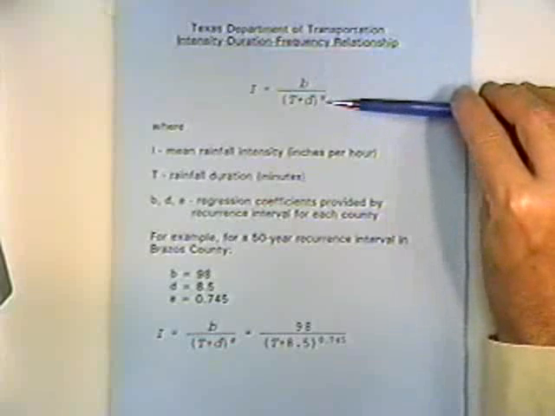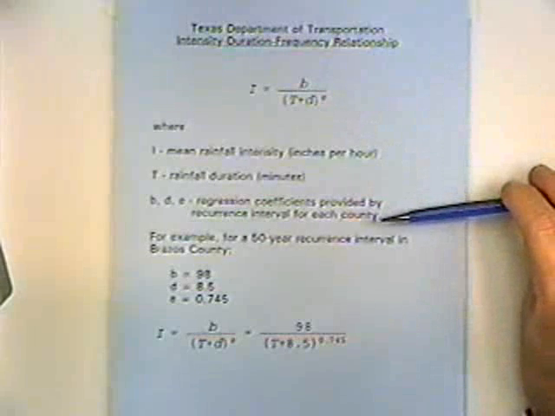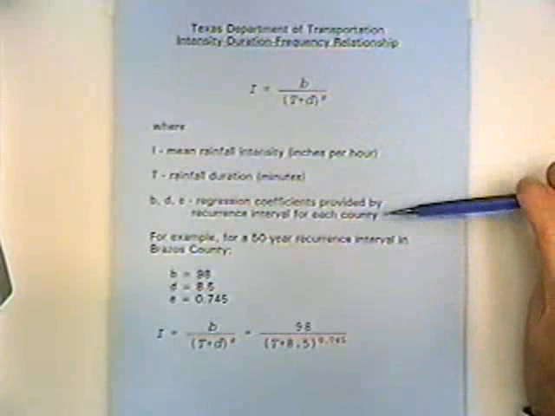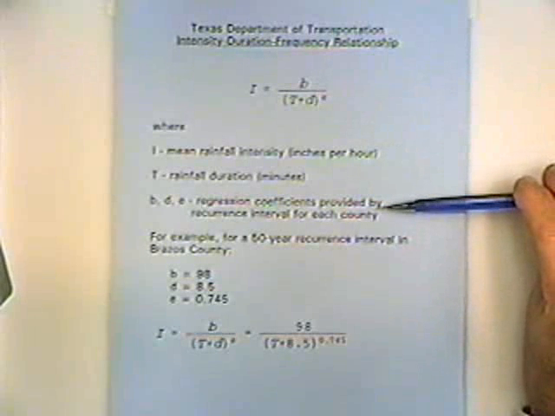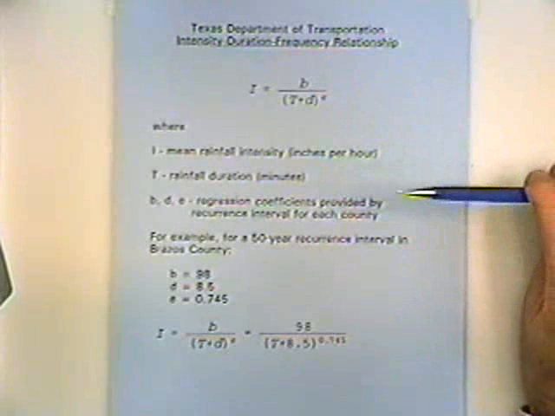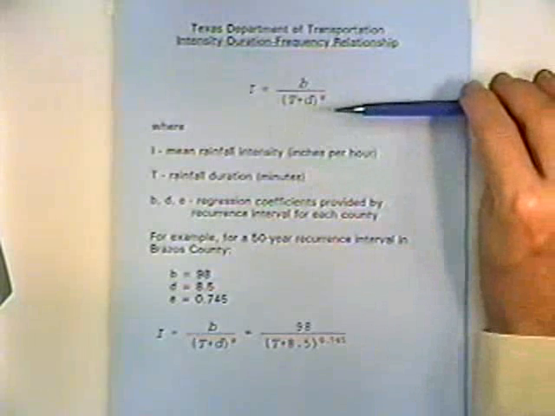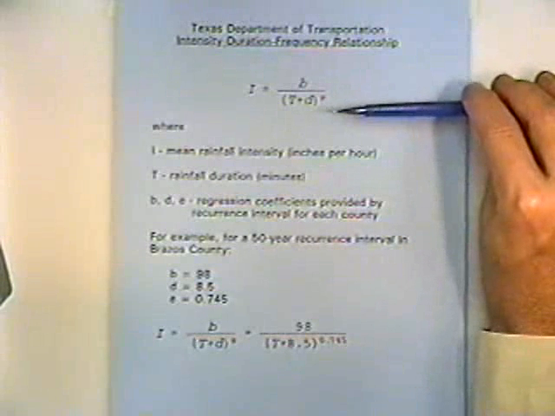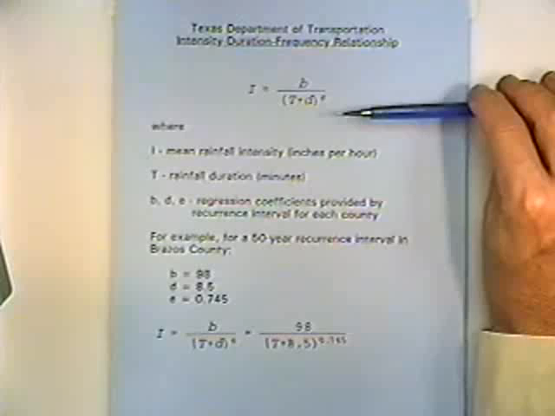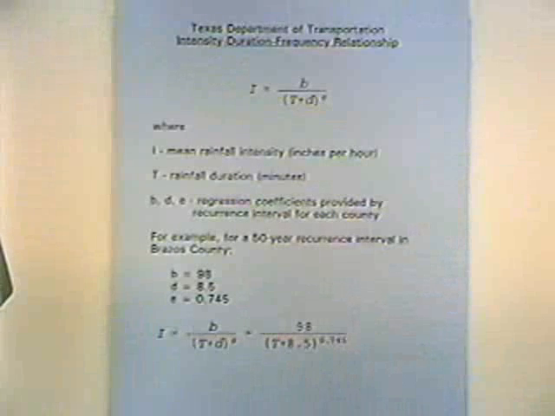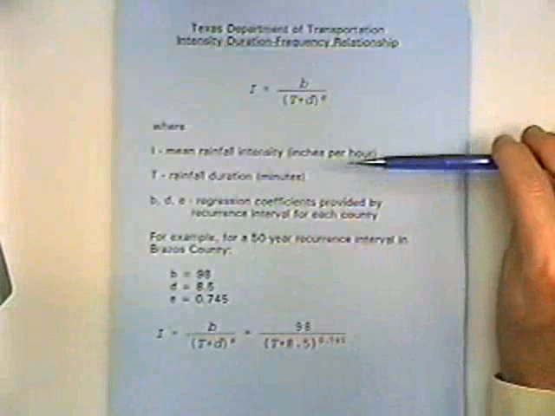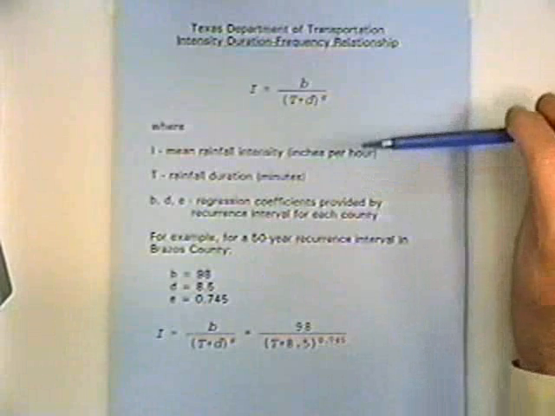And so B, D, and E are regression coefficients, and the Highway Department has provided those in a table. And for example, the A&M watershed model has all of the coefficients coded into the computer software package. But they're a function of location and a function of recurrence interval.